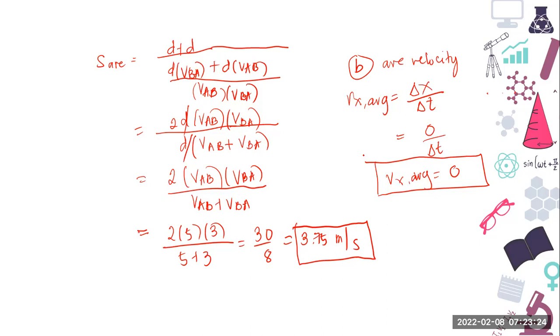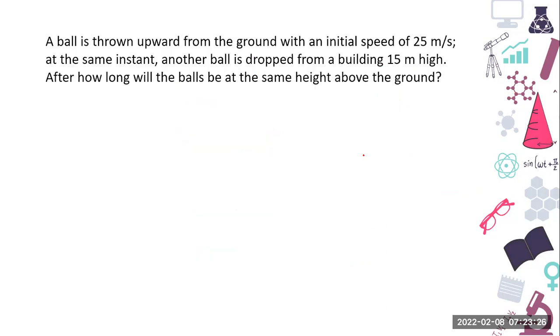Next, let's have the next problem. A ball is thrown upward from the ground with an initial speed of 25 meters per second. At the same instant, another ball is dropped from a building 50 meters high. How long will the balls be at the same height above the ground?